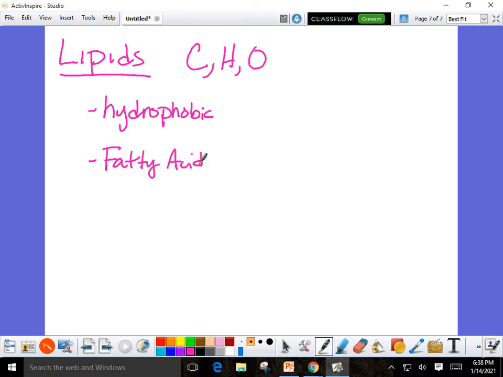Okay. And there are two types of fatty acids that you see if you look on the nutrition label on your food. We have a saturated and an unsaturated. Saturated fatty acids, the short way to put it is that they are chock full of hydrogens. You cannot add any more hydrogen.